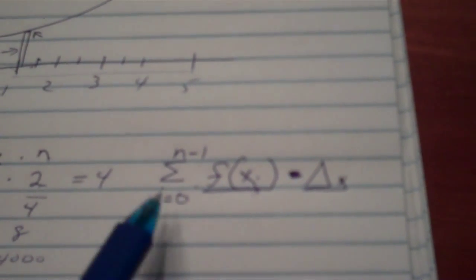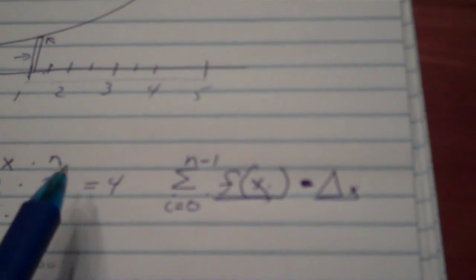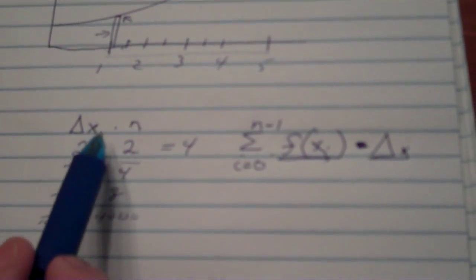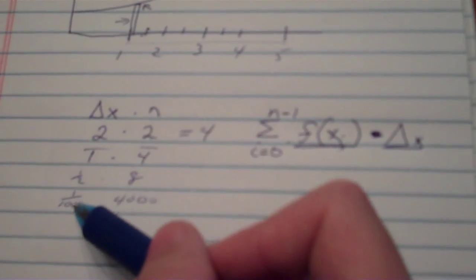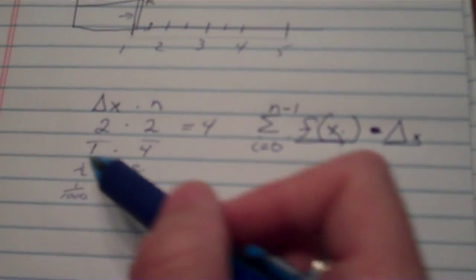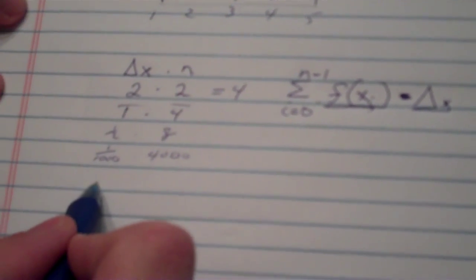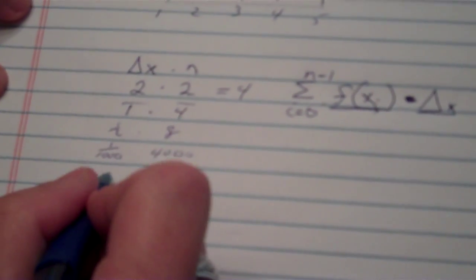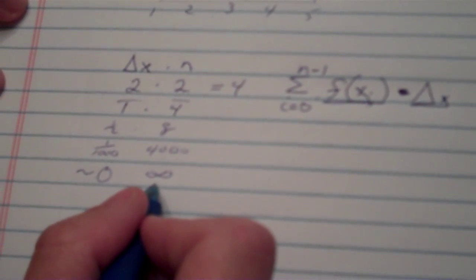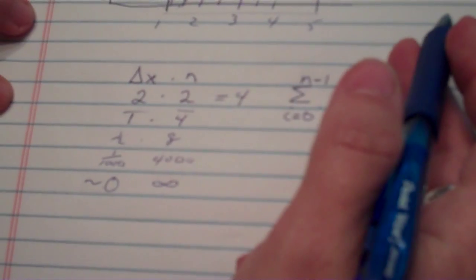But remember, we want these rectangles, the width of the rectangles, to be practically 0. The number keeps accelerating larger and larger. By the time this gets down to almost 0, can you see that if this is approximately 0, it would take literally infinity of these rectangles to fill that gap?